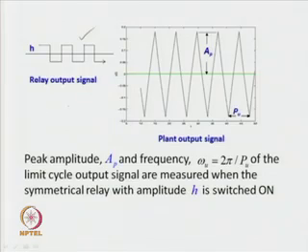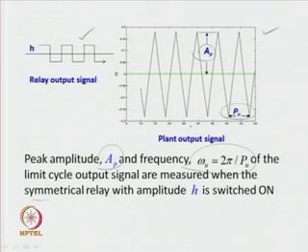When the relay output signal assumes this form, then the plant output signal becomes symmetrical, and it is easy to measure quantities like peak amplitude and ultimate time period of the output signal using peak detectors and zero crossing detectors. So, the peak amplitude is now A p and the angular frequency of the signal is omega u, which is equal to 2 pi upon P u.